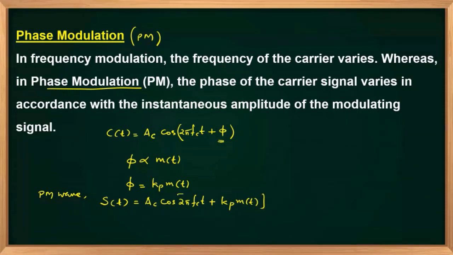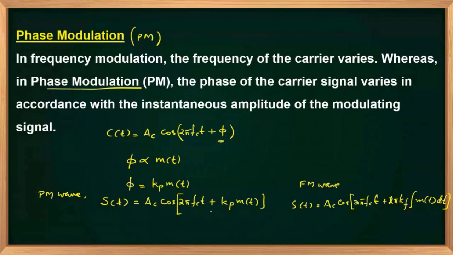If we compare this equation with the FM wave, for the FM wave, s of t equals Ac cos of 2 pi fct plus 2 pi Kf into integral of m of t dt. You can see the difference and similarities between FM and PM wave.